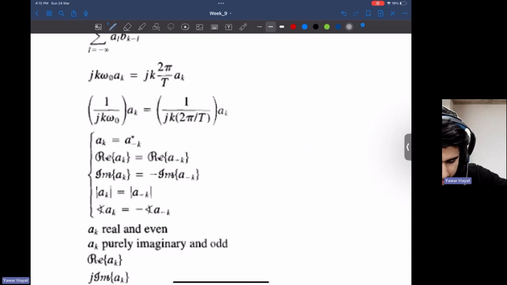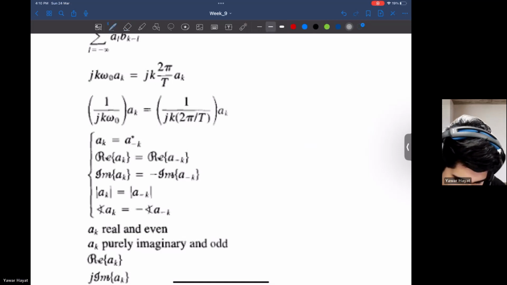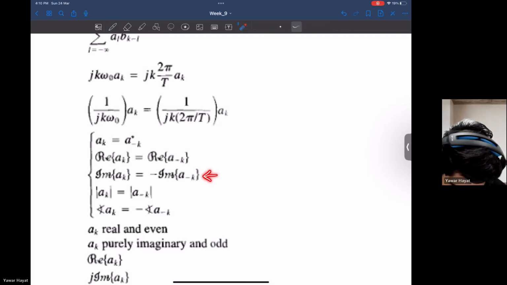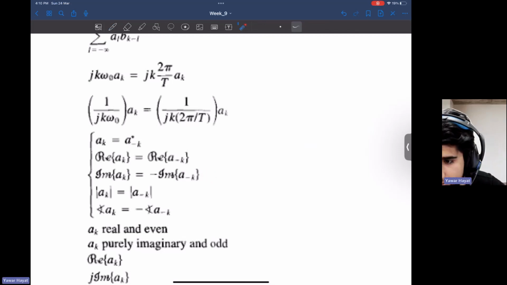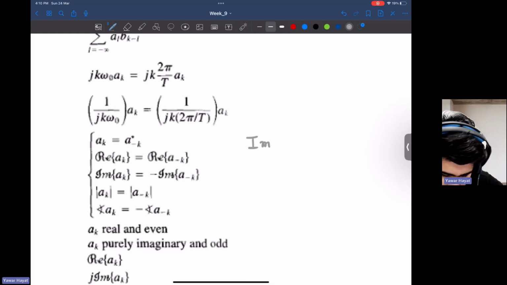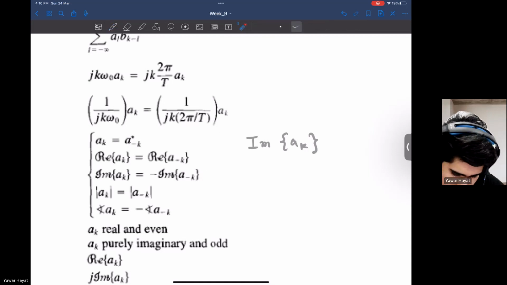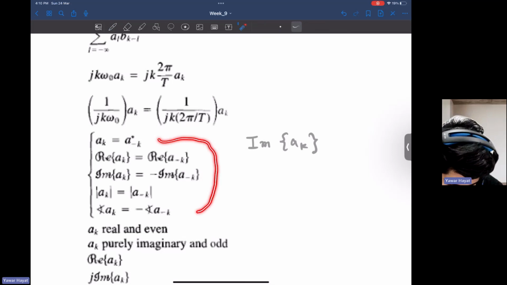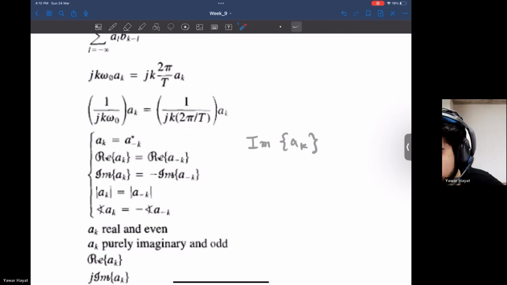Likewise, what about this one? The imaginary part of a_k is equal to minus the imaginary part of a_{-k}. Again, we'll proceed similarly. Keep this in mind, we can use all of these results when the given signal is, first of all, periodic, only then will it have Fourier series coefficients.